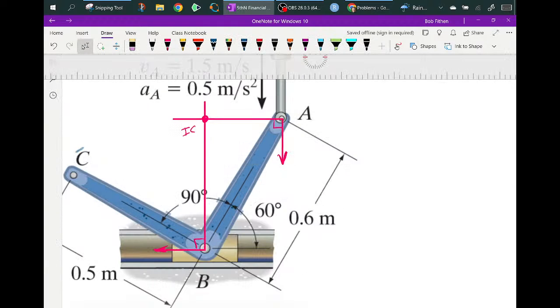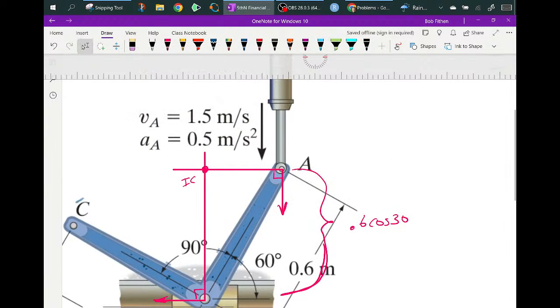Now, we look at this. He has 60 degrees here. So this distance is 0.6 times its cosine of 30, and this distance right here is 0.6 sine of 30.